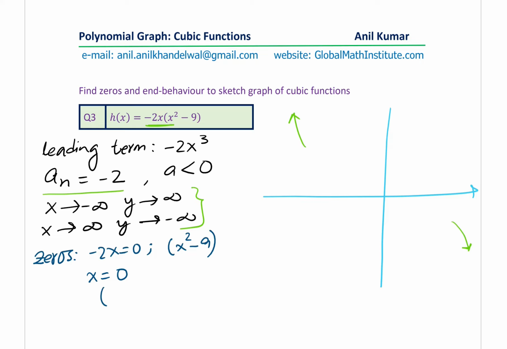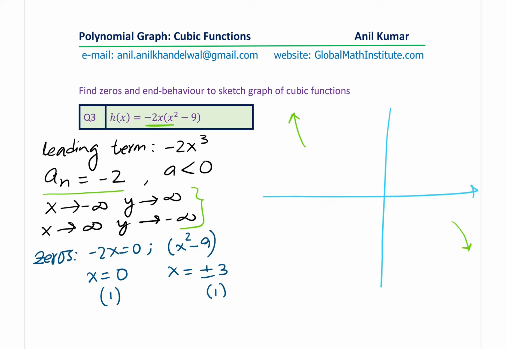This is of multiplicity 1. However, x squared minus 9 means we have two zeros with one factor. The zeros here are at x equals plus and minus 3. Both are of degree 1. They're two different zeros, plus and minus 3.